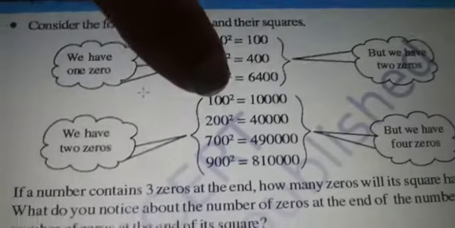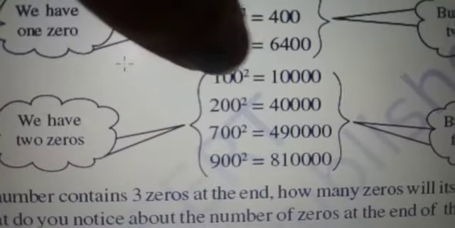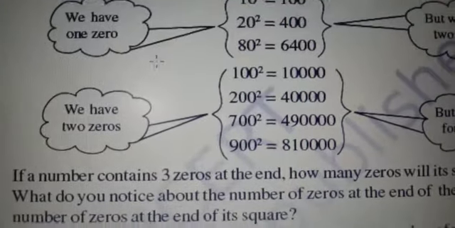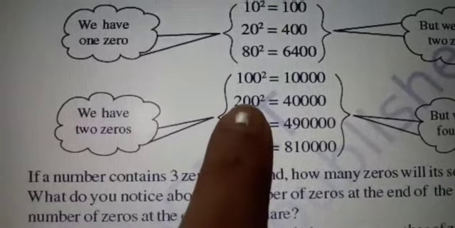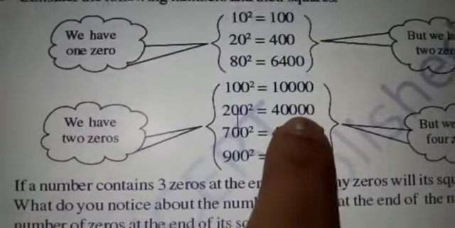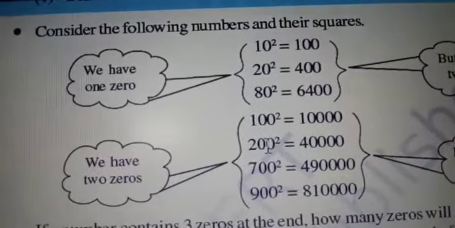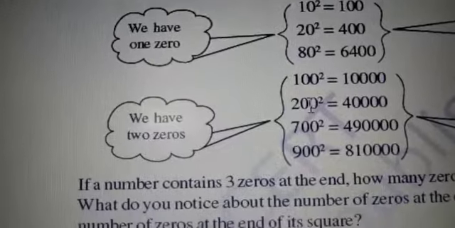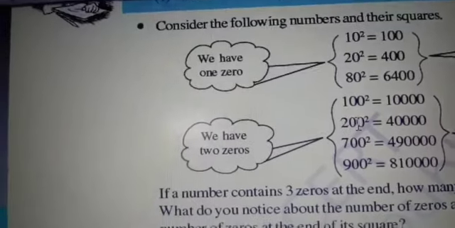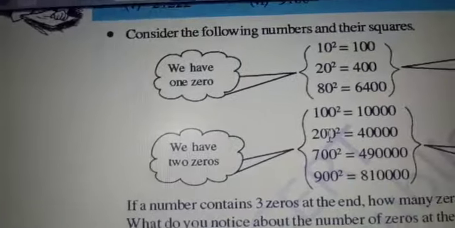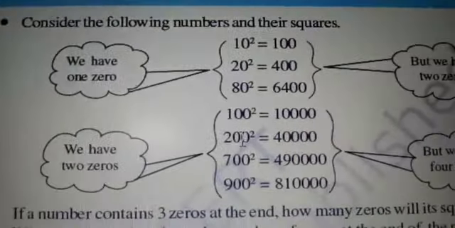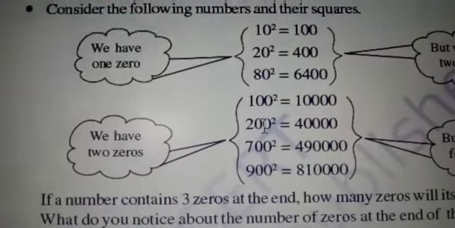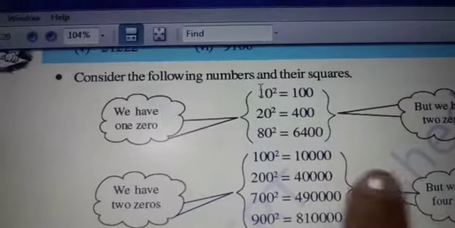Likewise, in 200, 2 zeros are there, and when you find the square it becomes 4 zeros. You understood? If the question has 1 zero, then the answer will have 2 zeros. If it is 5 zeros in the question, the answer will have 10 zeros. It is very easy when you are doing these zero calculations, the zero type of problem.